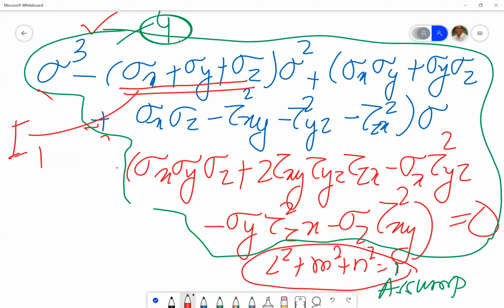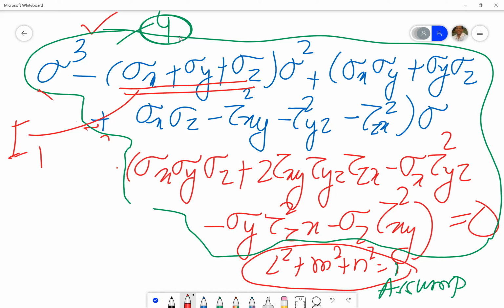That is always constant. That means if sigma x changes, the proportionate amount of sigma y and sigma z will change. If the sum of all three components is 100 MPa, and sigma x changes to 50 MPa, then the sum of sigma y and sigma z will be 50 MPa.